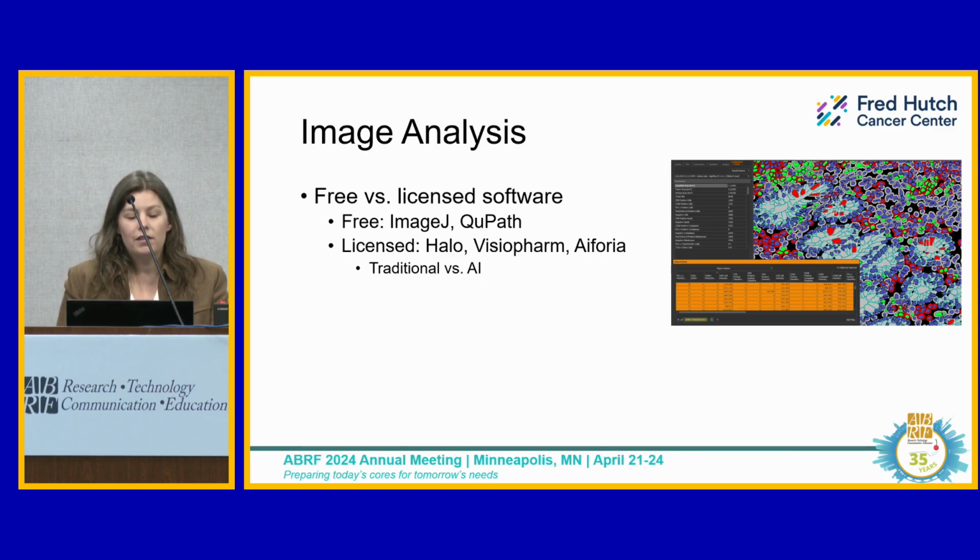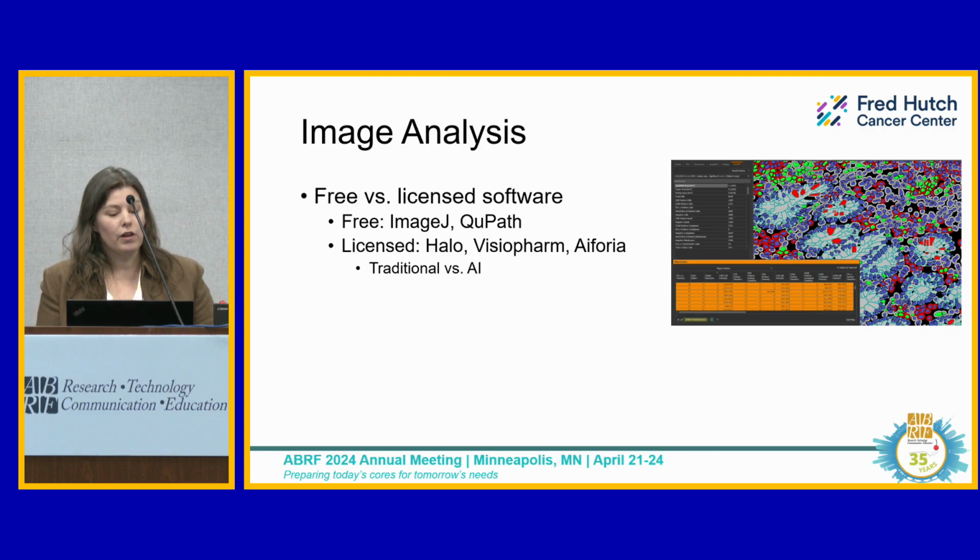At the end of the study, you may want to offer image analysis services. There are free softwares out there available, as well as ones that you can license. Many folks use ImageJ and QPath and are very happy with those products, but you may decide to purchase a license for another software package yourself.